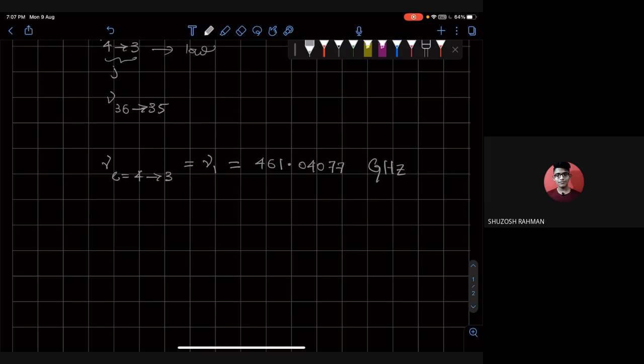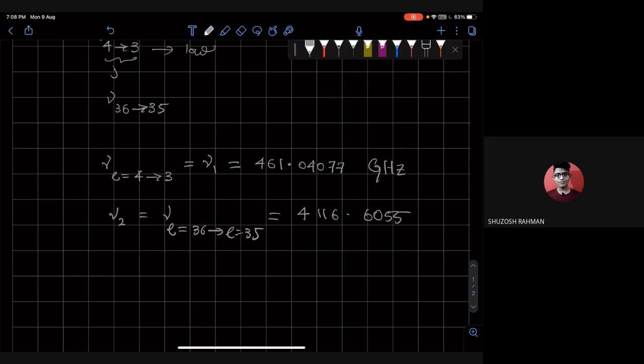What is the dimension of gigahertz? Inverse second, 1 over time. And nu 2, defined as the transition from L equals 36 to L equals 35, is given by 4116.6055.